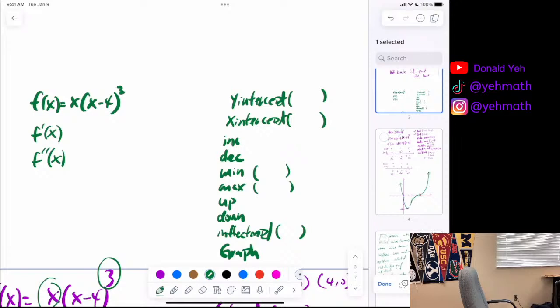You'd have to set f of x or y equal to 0. Oh, it's meant to be cubed. So this would be x minus 4. You set it to 0, and then you break it up into two equations, so you find out when x is equal to 0, and you find out when x minus 4 is equal to 0. Where'd you get 3x? Does that make sense? The number of those cubes. Oh, that's cube?